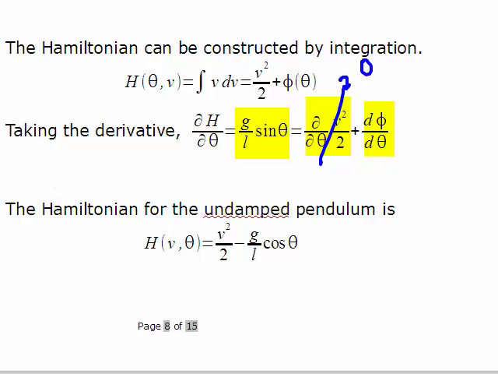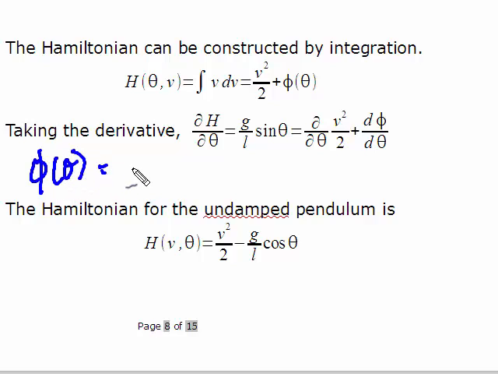So we end up with phi of theta, which will be the integral of the derivative of v with respect to theta times d theta.